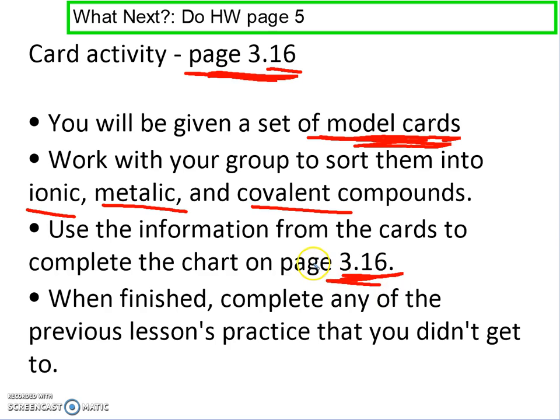So when it says connectivity, strength of bond, etc., you're going to fill in information on that chart using those cards. If you finish, I want you to actually go back to the previous lesson, because I don't know if you got all the way through the practice on page 12 and 13, and actually do anything you didn't get to do.